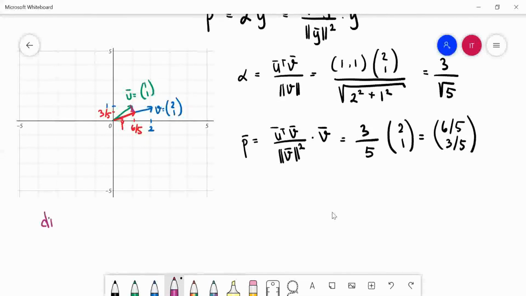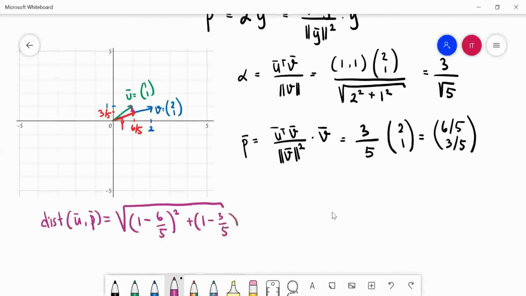And if we want to calculate the distance between u and P, we can just use the Euclidean distance. So we have 1 minus 6 divided by 5 for the x-axis, and 1 minus 3 divided by 5 for the y-axis.